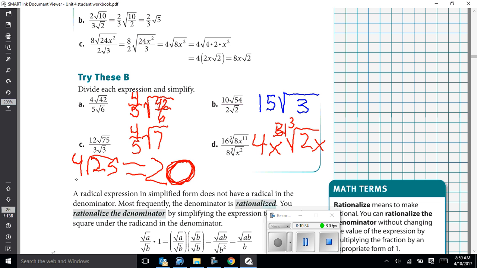Alright, so 16 divided by 8 gives you 2, but 8 divided by 1 is 8, and then factor that out, that's 2, and then 2 in there. 2 times 2 is 4, x to the 11th power minus x to the 2nd power, x to the 8th power, or 9th power. Distribute that out there, you get x to the 3rd, and then x to the 8th. Grace appreciates everyone's kindness.